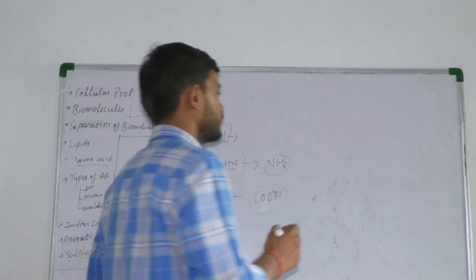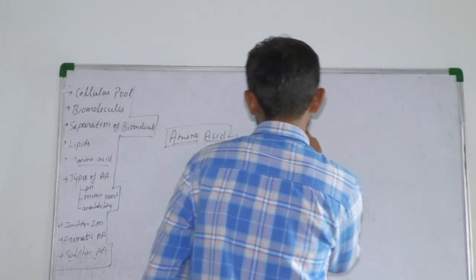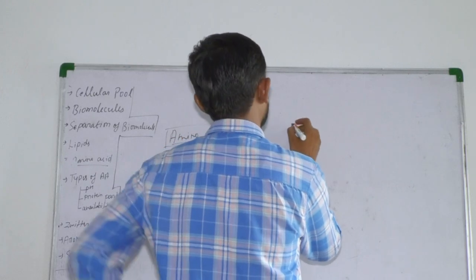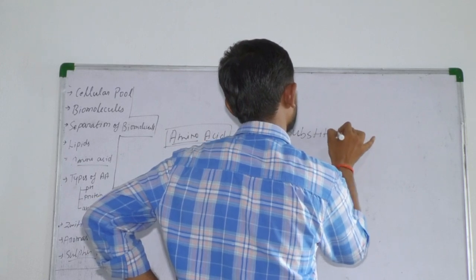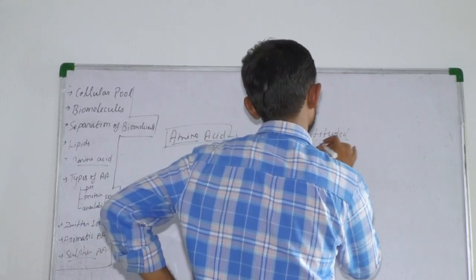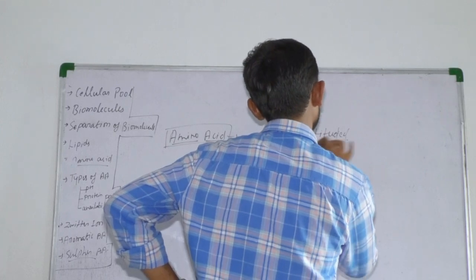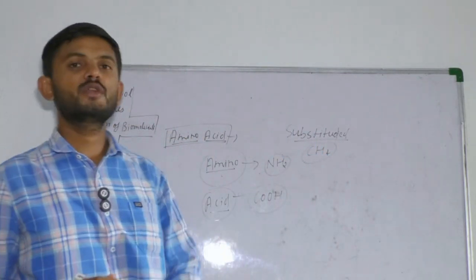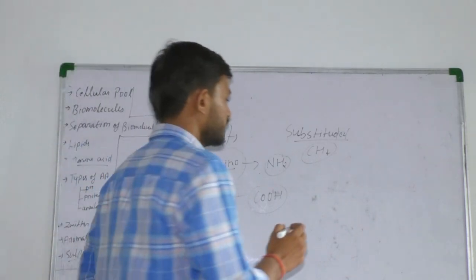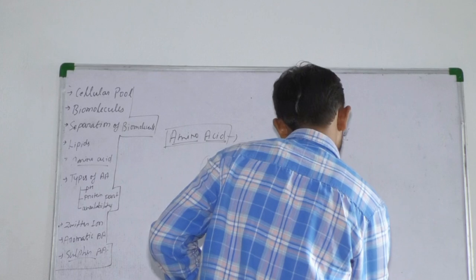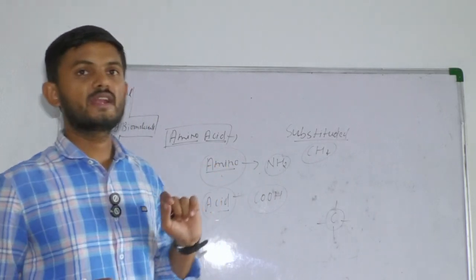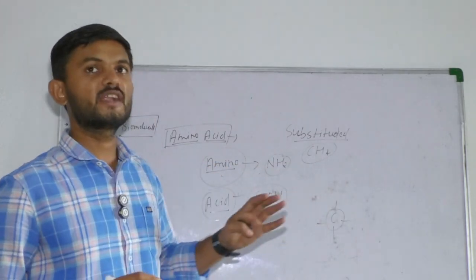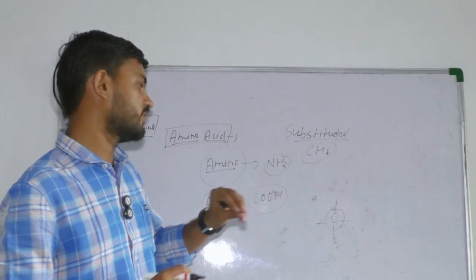The normal structure of the amino acid is this. We can also call the amino acid a substituted methane. Why do we call amino acid a substituted methane? Because amino acid is made up of a chiral carbon. We say this carbon a chiral carbon because all the groups attached to this carbon are different.